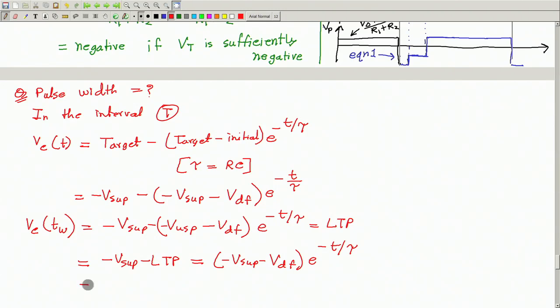So, I can make it all plus, and I can write (V supply plus LTP) divided by (V supply plus VDF) is equal to e to the power minus Tw by tau.